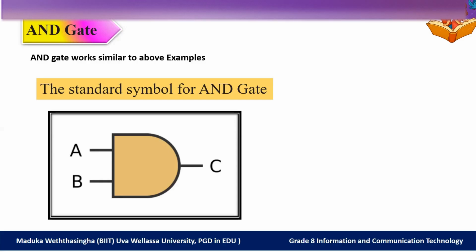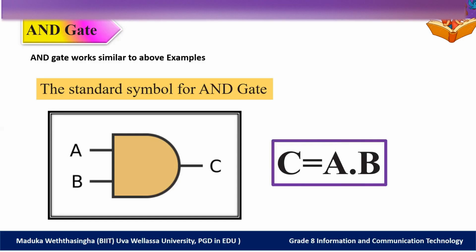This is the standard symbol we use to represent the AND gate. A and B are the inputs. C is the output.